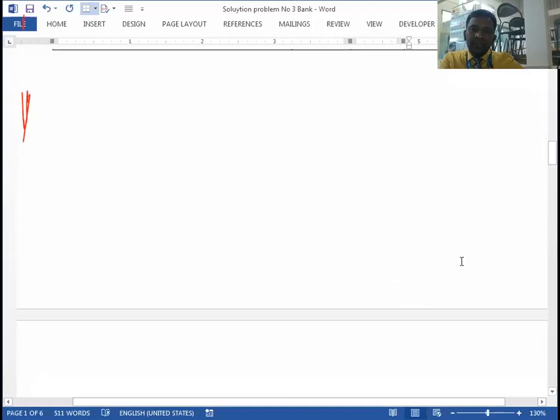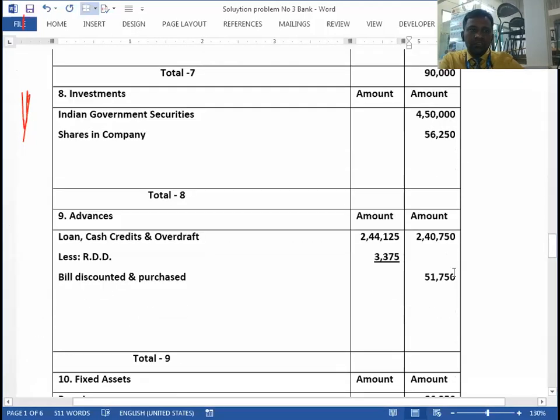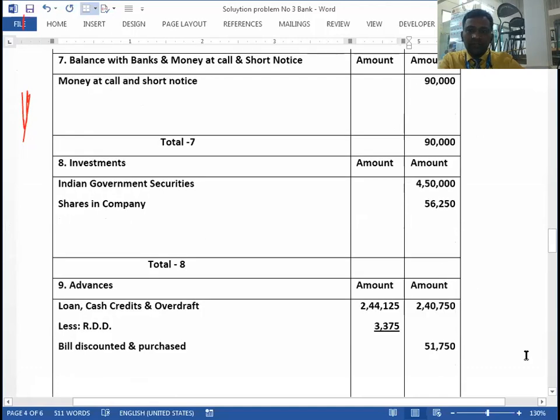Then investment. What is the total of investment? 5,06,250.